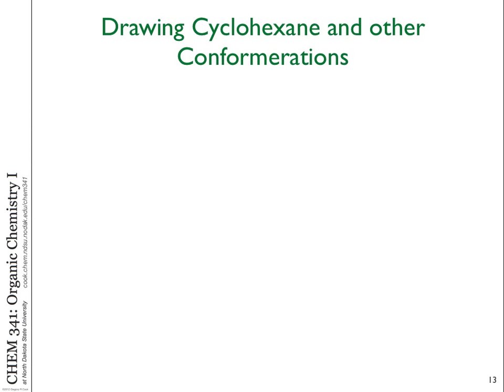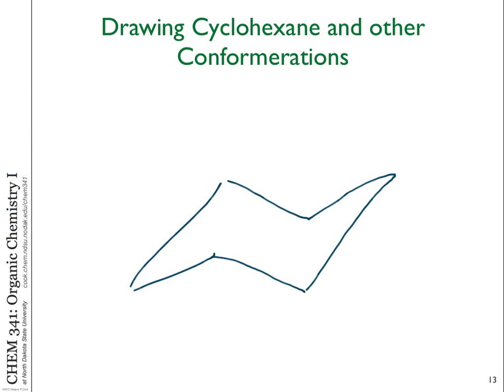So I want to talk a little bit about how to draw them and how to draw that chair conformation. Okay, so you noticed in that structure we had something like, I'll just draw from the side. Okay, kind of a chair. Those are the 6 carbons.